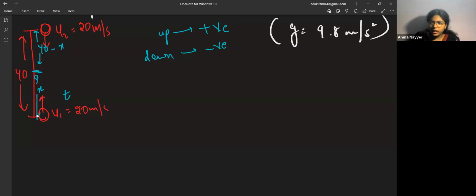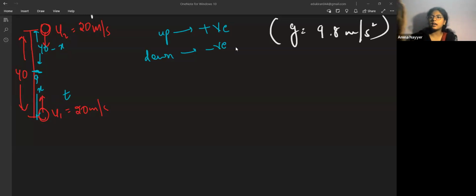Can anyone tell me? It's a question anyone can answer. T, very good. If the balls are colliding, the time is T as well. Very good, Abdullah.